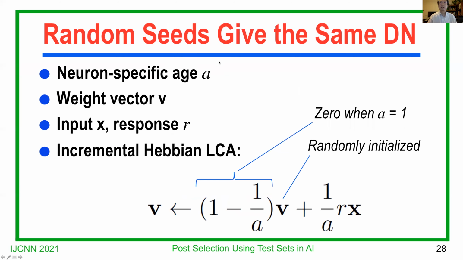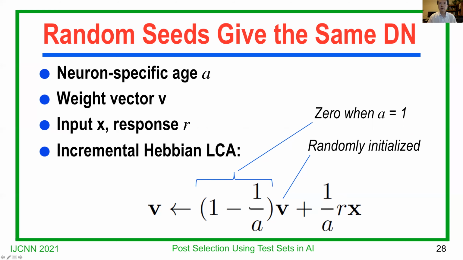And why do random seeds give you the same DN? Suppose you have a neuron with specific age A, a weight vector V, input X, and response R. Then incremental Hebbian learning, lobe component analysis, LCA, is such that this update equation is randomly initialized in the weight, and when age equals 1, the retention rate equals 0, and the random vector multiplied by 0 is irrelevant to the next value of V, because the learning rate is 1, and the response with the input vector will go to V right away.